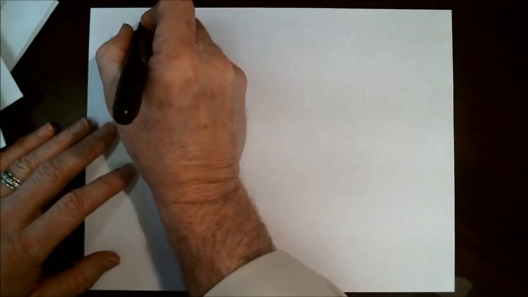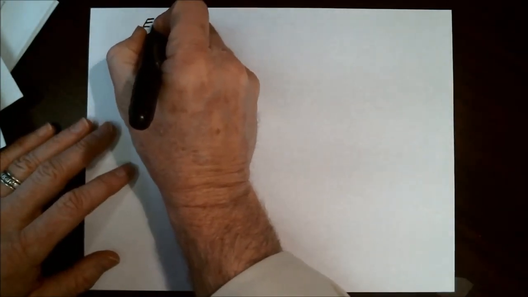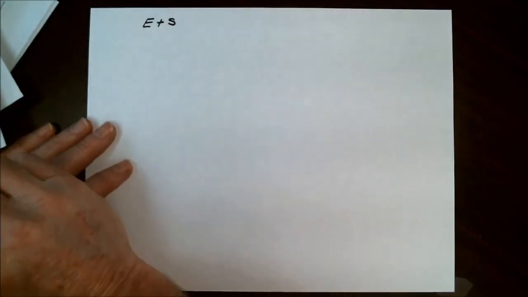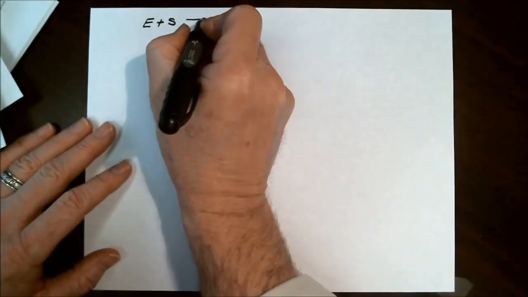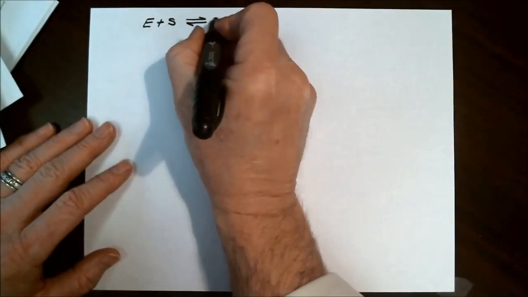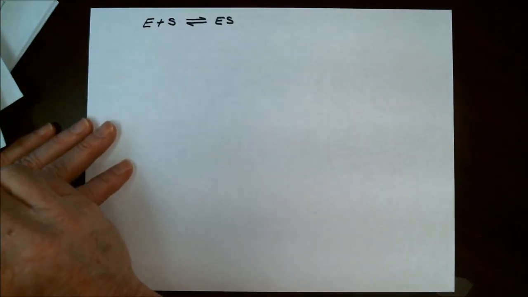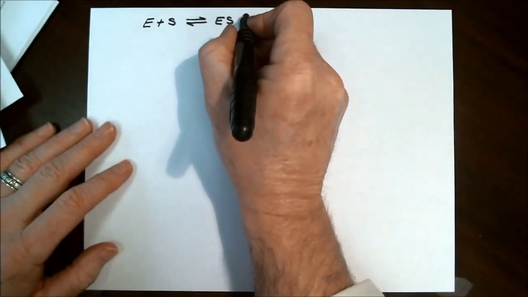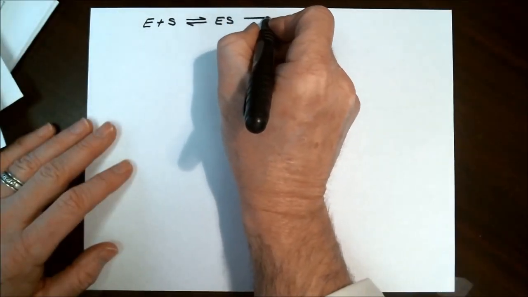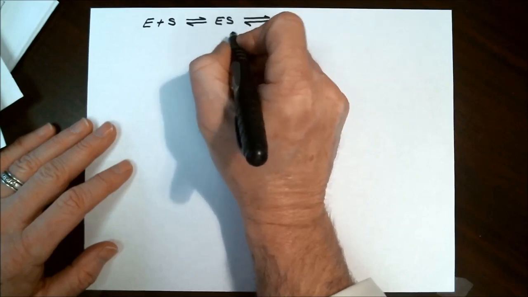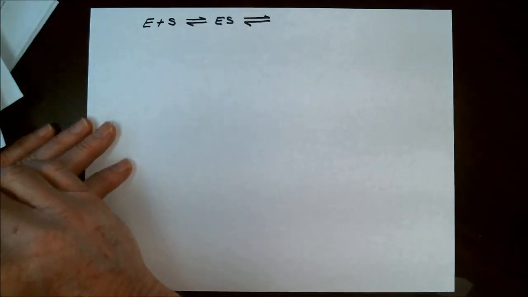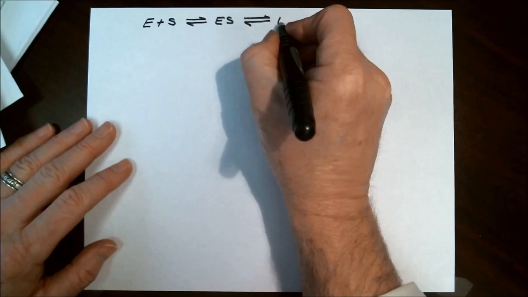Okay, so let's look at the mechanism of action of enzymes a little bit closer. So we just saw that enzyme plus substrate will form an enzyme substrate complex. This, of course, we've deemed as the transition state complex. The next step in the reaction is naturally the chemical conversion of the substrate into a product by the enzyme.